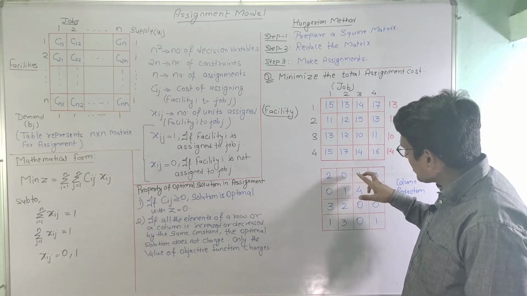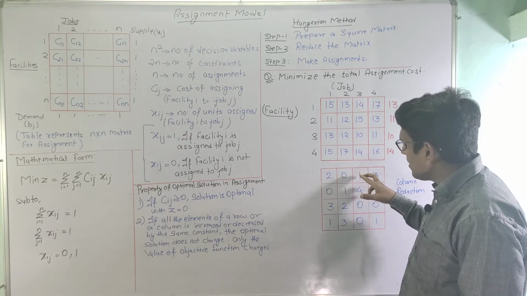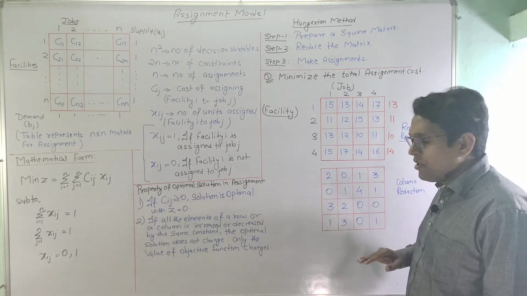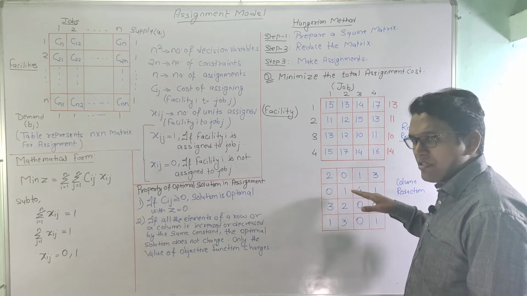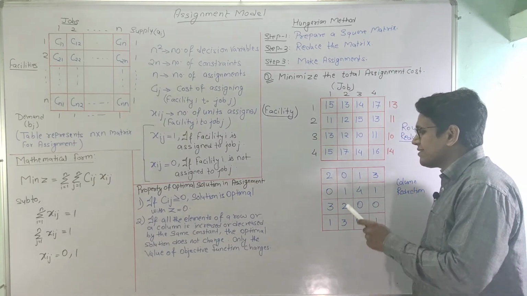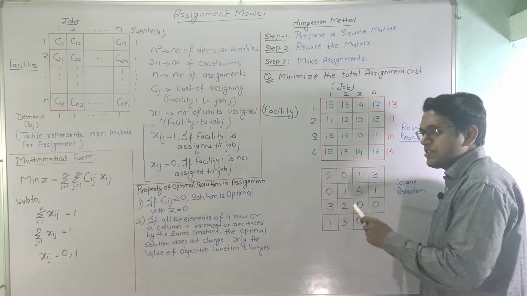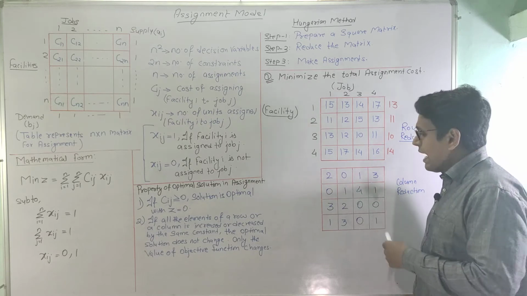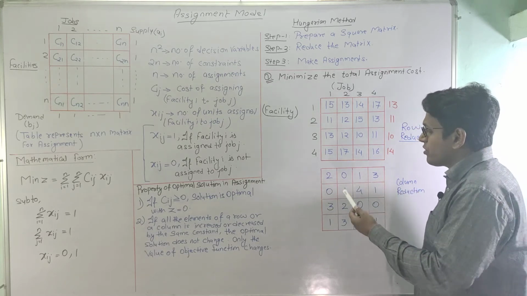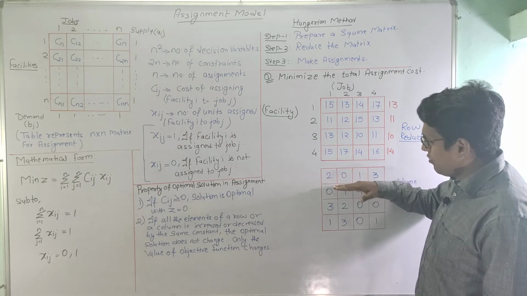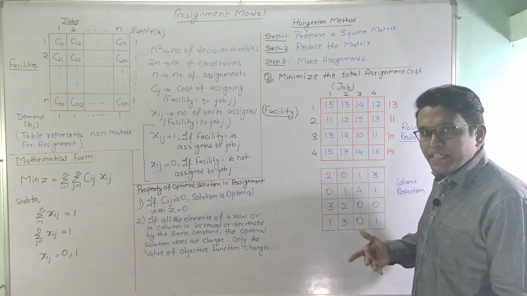If there is more than one 0, then we will skip this row and move on to the next row and see if there is a possible chance of assignment or not. So basically, if there is a single 0 eligible for assignment, we are going to assign it, and if a row has more than one 0, then we will leave it as it is and move to the next row or next column.